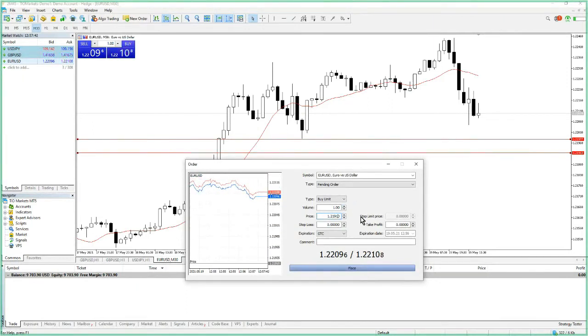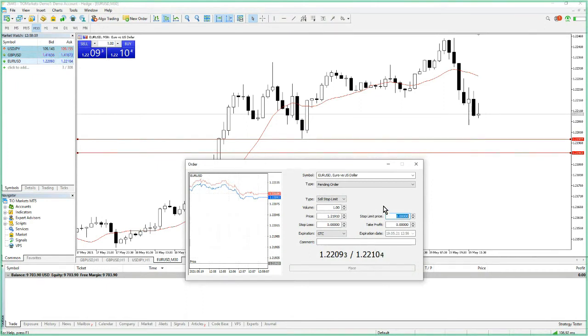1.2191, that's our trigger price. Yeah, then we have to choose sell stop limit and then choose the price where we want to have the sell stop limit.